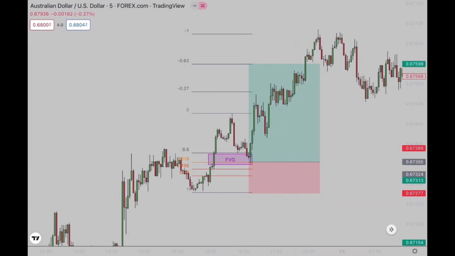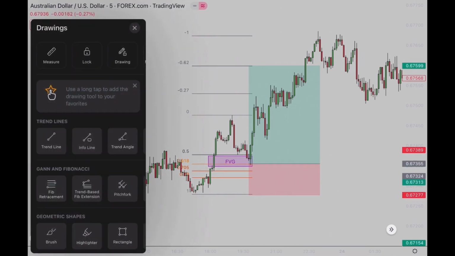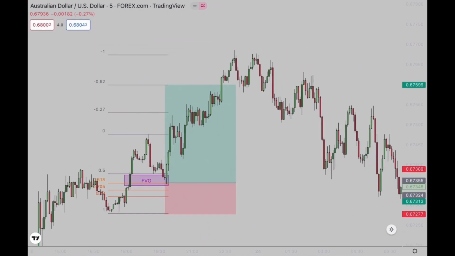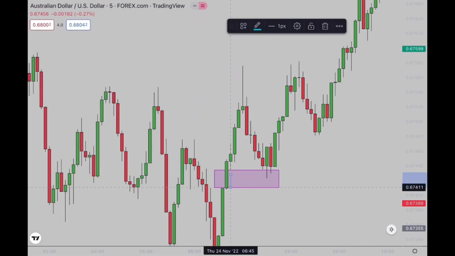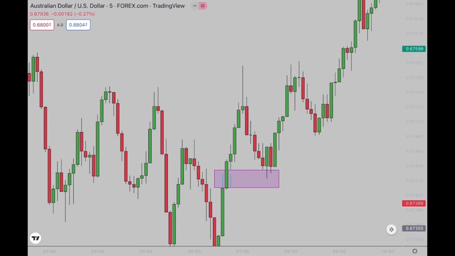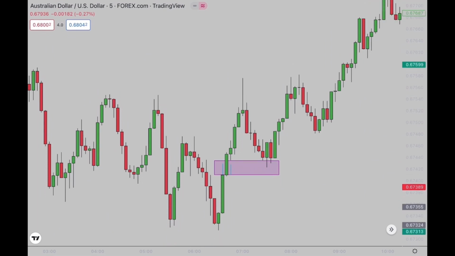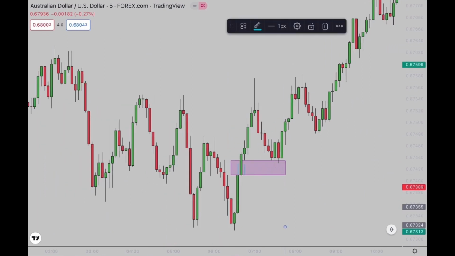You might ask first, what is a fair value gap? Well, let me tell you this. A fair value gap is a candle that has no wicks next to it. It has no bodies of candles next to it. It is just a naked candle, and that is a fair value gap.